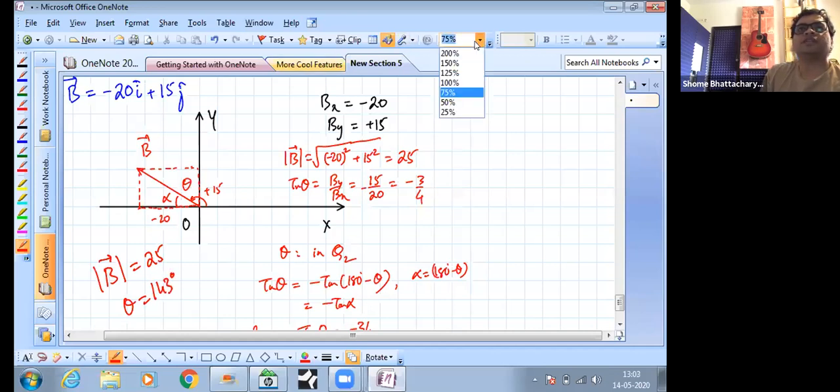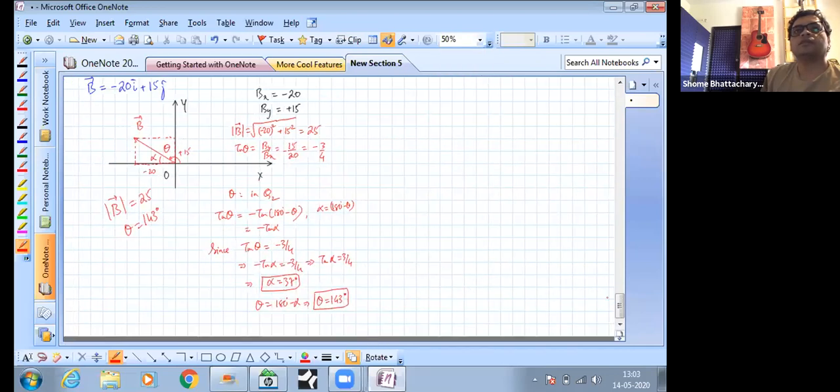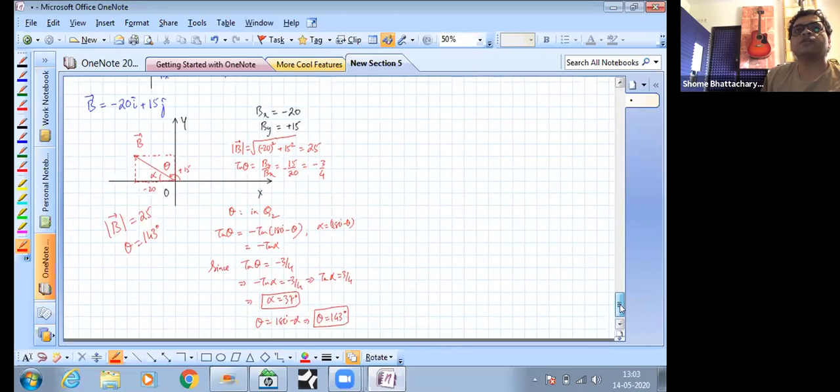So pay close attention to how this question has been solved, and make sure you understand the second quadrant carefully. Because the x component is negative and the y component is positive, we know the vector's angle is in the second quadrant.